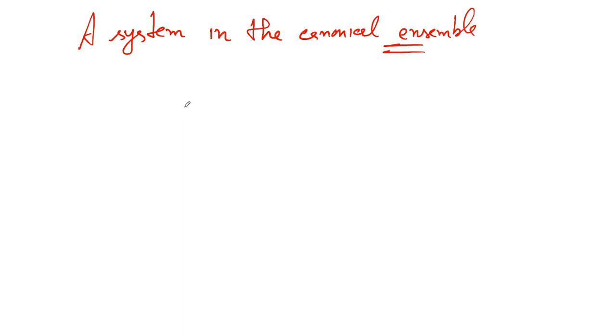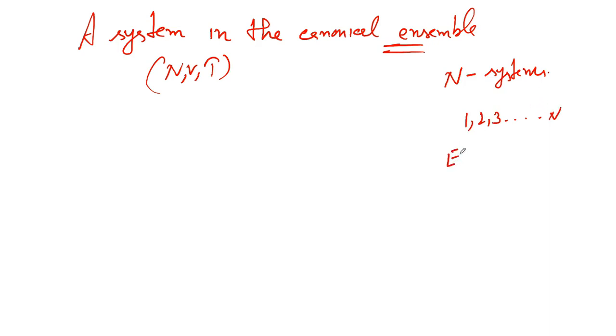Let us consider this system as a member of a canonical ensemble, N V T, in which the energy is being shared by N identical systems. The ensemble has N identical systems contributing to its energy, labeled from 1 to 2, 3, up to N. They are sharing a total energy of the ensemble, that is the total energy E.